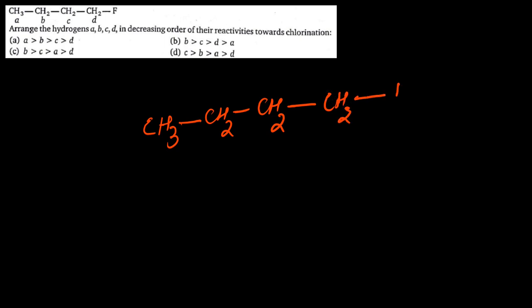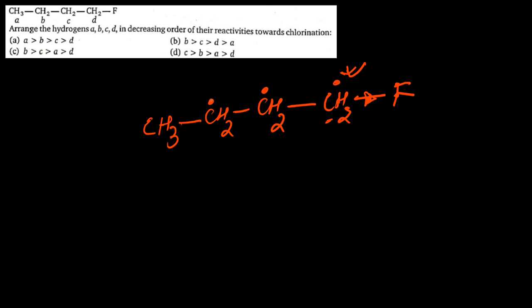Now this is the second last question, number 9. Arrange the hydrogens A, B, C, D in decreasing order of their reactivity toward chlorination. So students, the molecule already has a fluorine attached, and if a fluorine is already attached, then definitely if a free radical is generated here, it will pull it and make it highly unstable, isn't it? Now here it will be stable as compared to this.